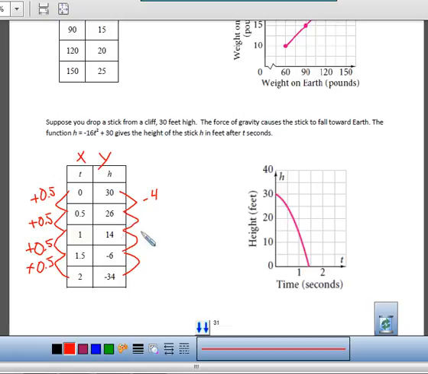From 26 to 14 is minus 12. From 14 to negative 6 is going down 20. And from negative 6 to negative 34 is going down 28.